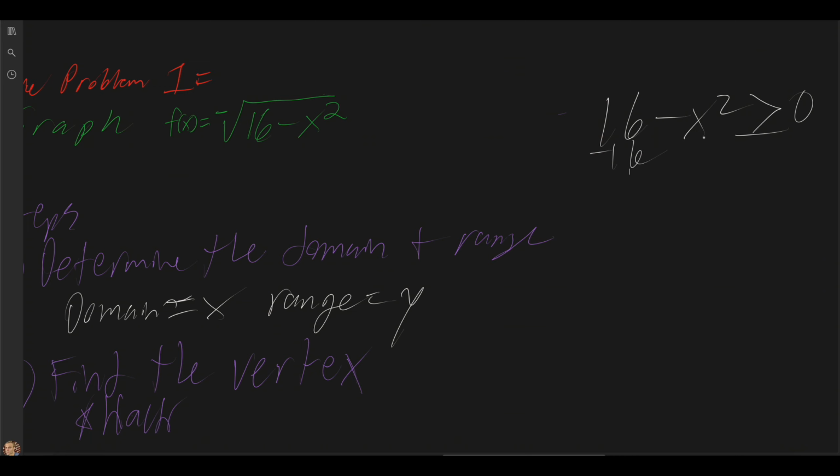And so once we do some algebra over here, negative x squared is greater than or equal to -16. And whenever we divide by -1, to cancel out the negatives, this sign actually flips over.